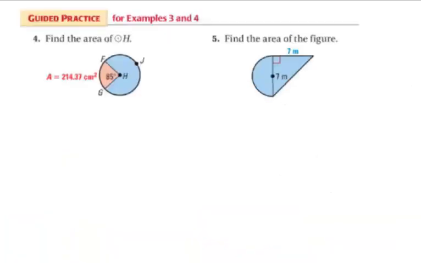Okay, let's do number 5 here. We're going to find the area of the entire shaded region. And so I need to look at these things and divide them into pieces that are manageable. So if you look at this side right here where the half of a circle is, I know I'm going to need the area of a circle, but I only want half of a circle.